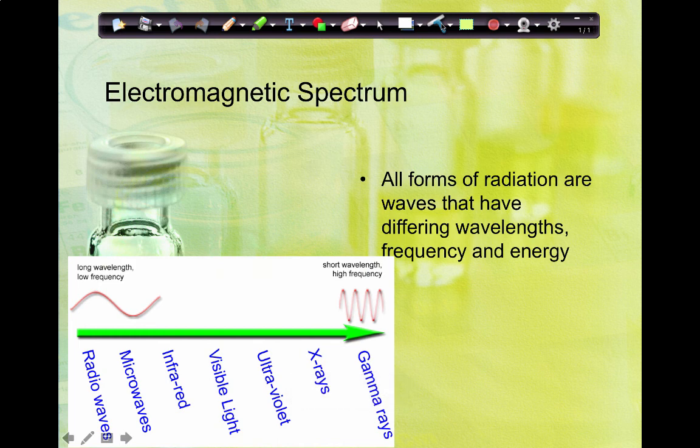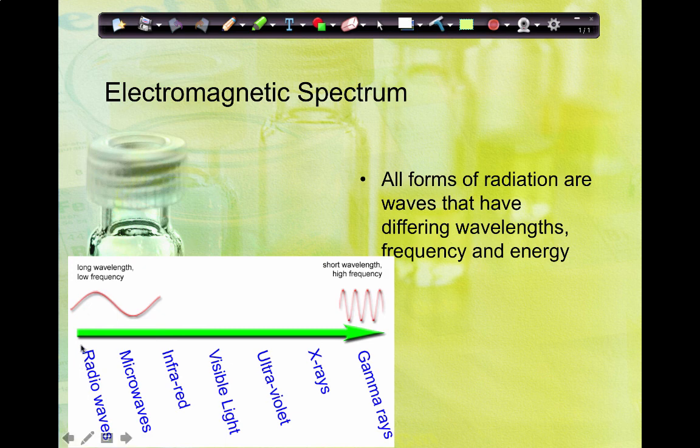All right, so when we look at energy and we look at waves, we need to talk about the electromagnetic spectrum. So all forms of radiation are waves, and they're on the spectrum. They have different wavelengths and frequency and energy. So it is important for you to remember the order of the waves. So radio waves will be at the end of the spectrum.